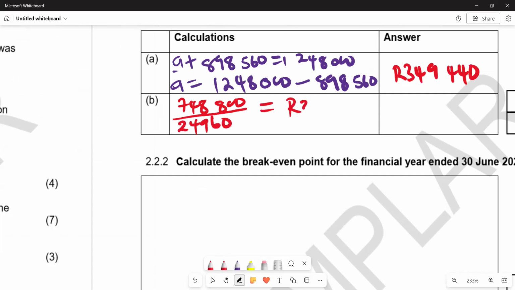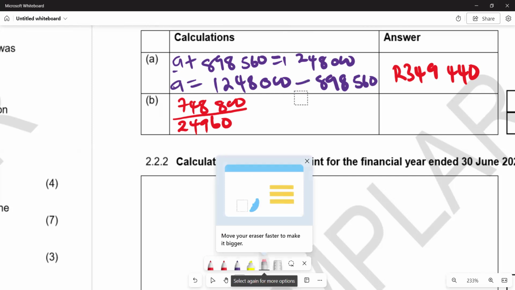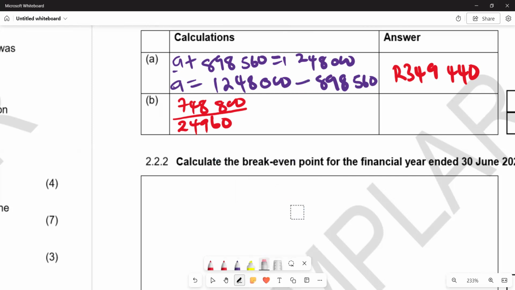So the answer that you get there is 30 rand, and obviously we put it in the section for the answer. So 30 rand is the answer that we have.